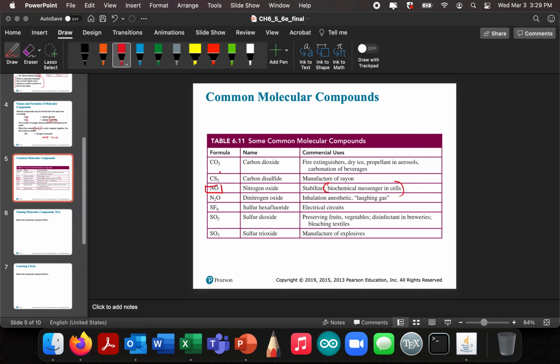Extremely rare to have such a small biochemical messenger in cells, but I think of biochemistry every time I see that. N2O is dinitrogen oxide, right? And SF6, sulfur hexafluoride. Got it? All right. Those are just examples. I wouldn't memorize those. I would get used to the rules, and we would become familiar thereby.